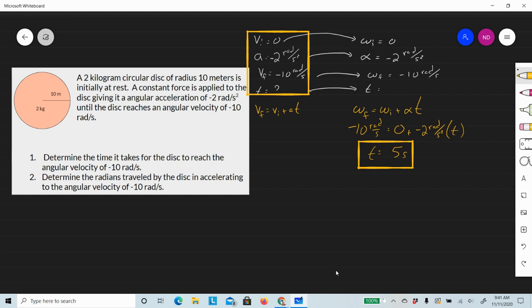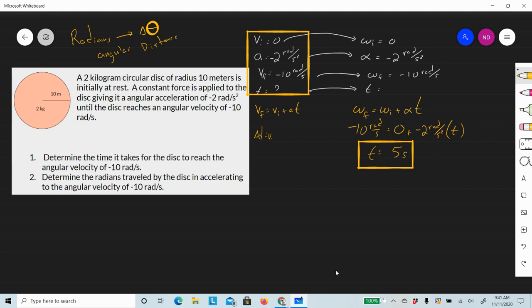For the second one, now we want to determine the radians. Radians is essentially the angular distance, right? Radians is angular distance. So if you're looking for the distance, you'd want to use one of the distance equations.